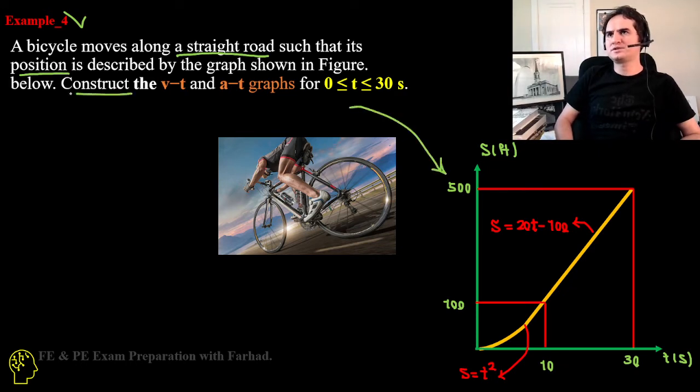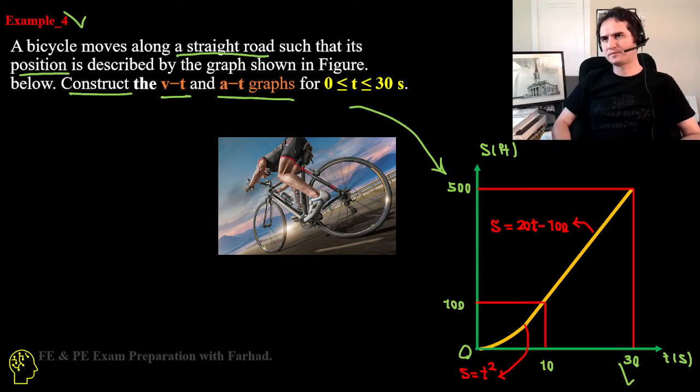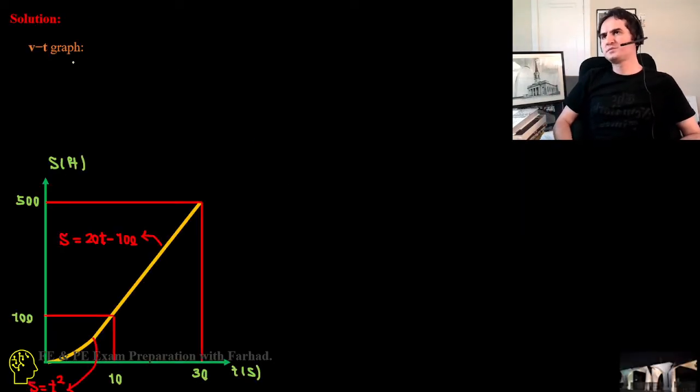We want to construct the velocity versus time and acceleration versus time graphs for the time period of 0 to 30 seconds. To solve this problem, for the first part, the velocity-time graph from the given displacement-time graph, which has two sections.